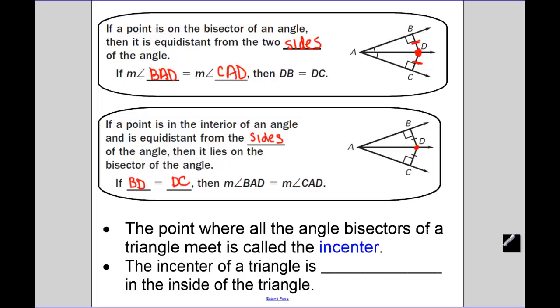Then I have an angle bisector, so then that angle is equal to that angle. And the point where the angle bisectors meet of a triangle is called the incenter. And the incenter is always going to be inside our triangle.